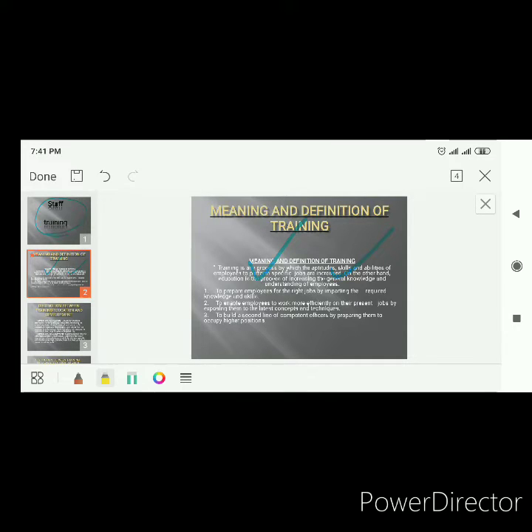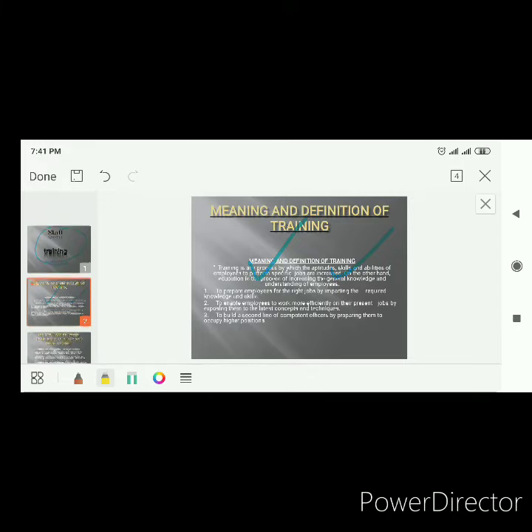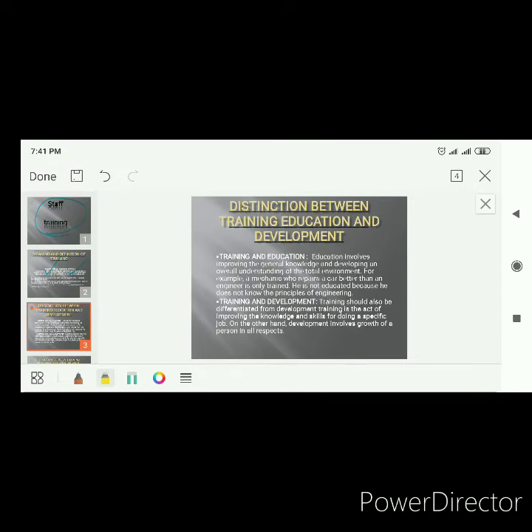Now moving on to the next slide: distinction between training, education and development. That means you are making a distinction between these things, starting with training and education. Education involves improving the general knowledge and developing an overall understanding of the environment.